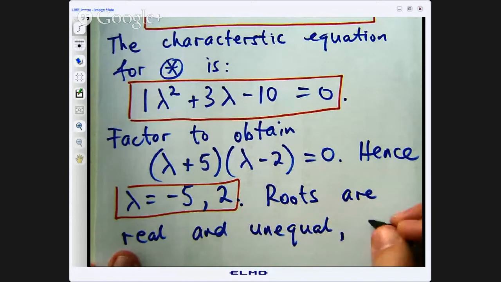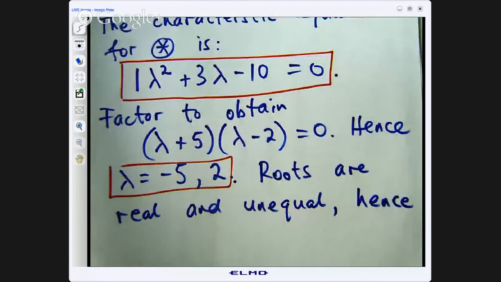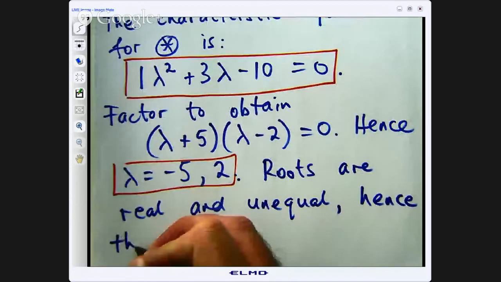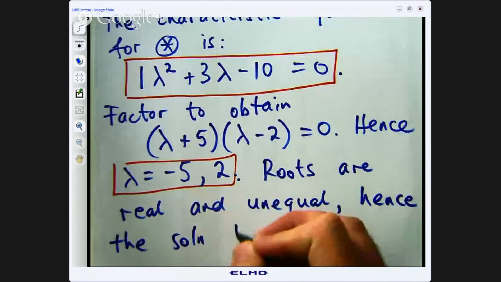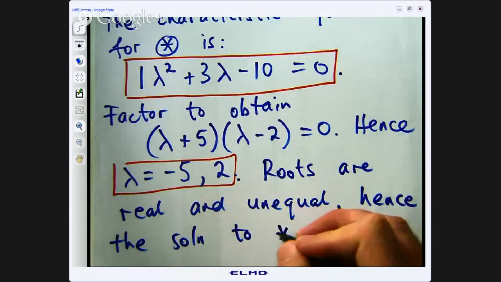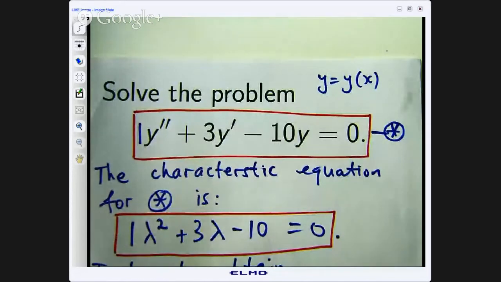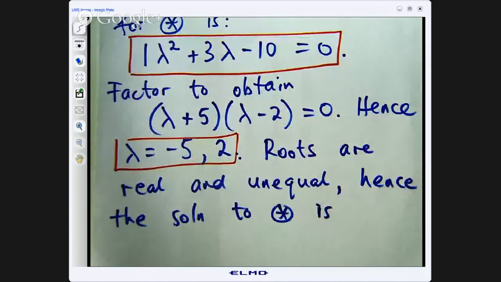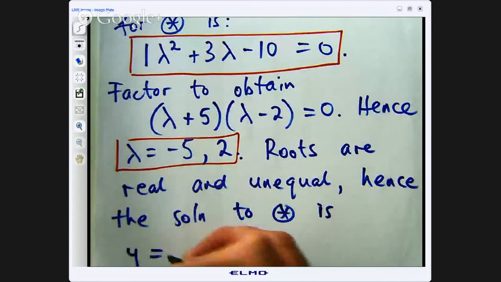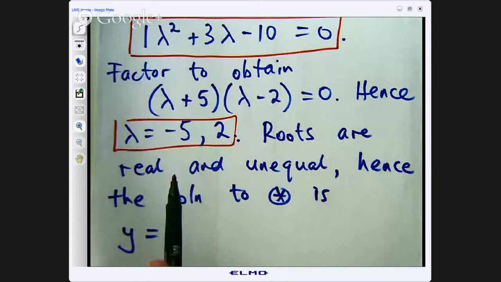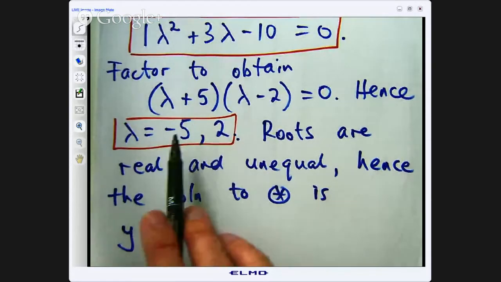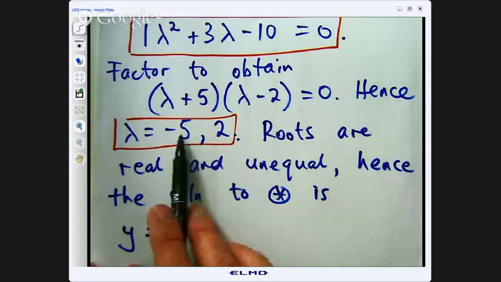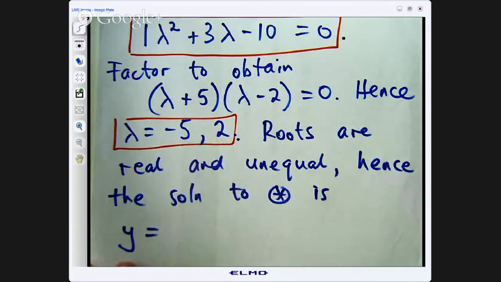Hence, and this is part of a more general idea, the solution to our original problem is in the following form. It's basically what's known as a linear combination of exponentials with these two values in the exponent.